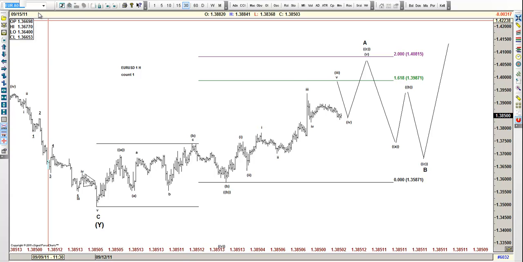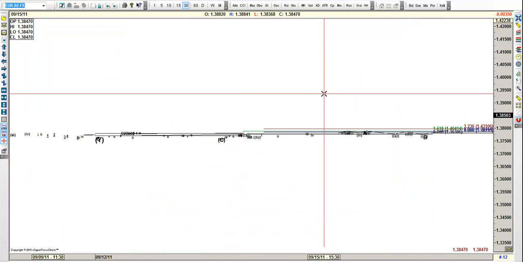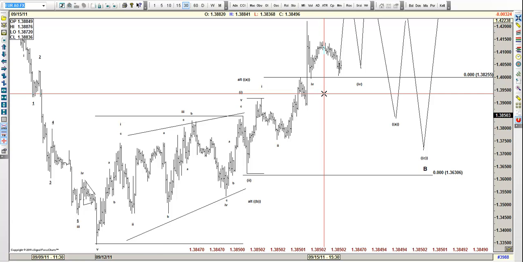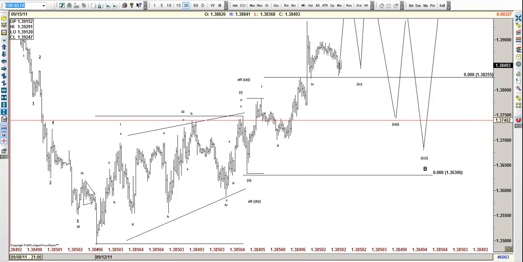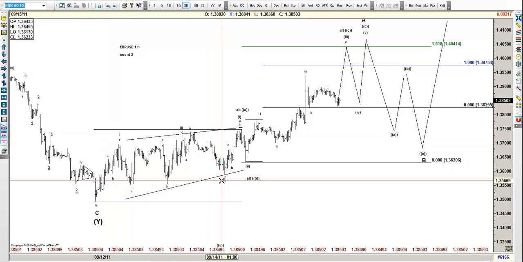The second scenario on the euro dollar is, where is it? Is the one that is calling for the leading diagonal, and then that scenario is right here. That scenario is a 3-wave move to the outside, when you have 1 2 3 4 and a 5.